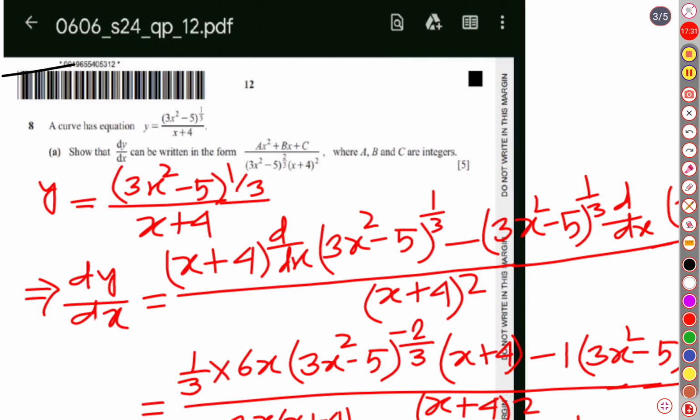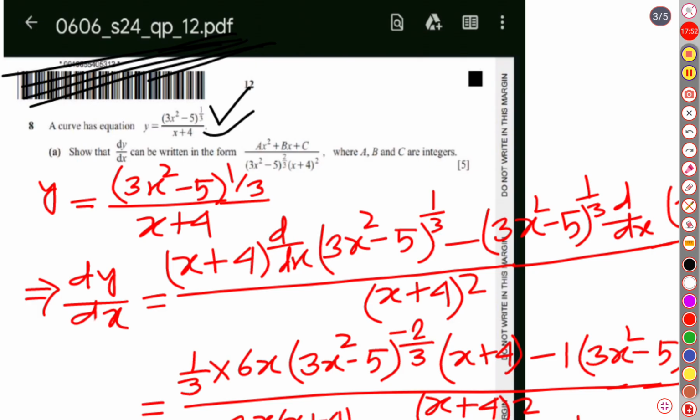Look, you can see over here, it is paper 0606, question paper 12, and question number 8. The question says a curve has equation y equal to (3x square minus 5) divided by (x plus 4).